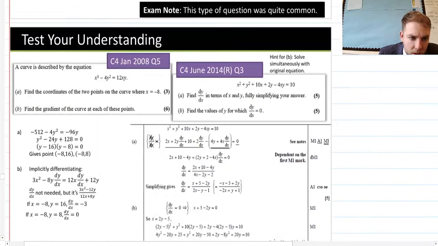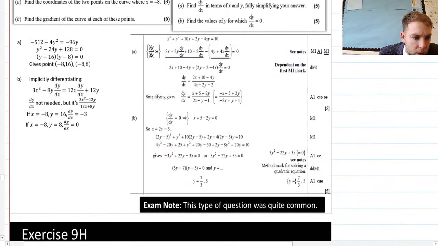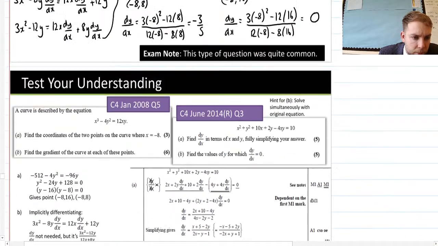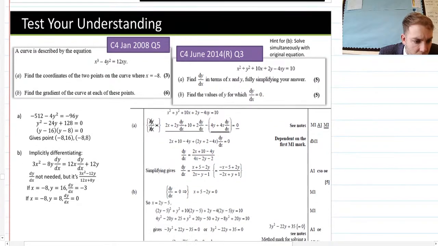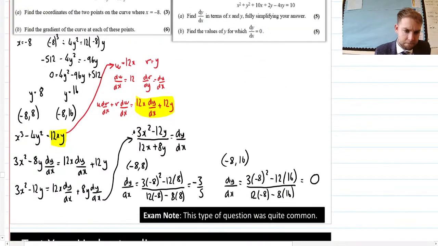How have I typed that in wrong? Gradient of the curve at each of these points.